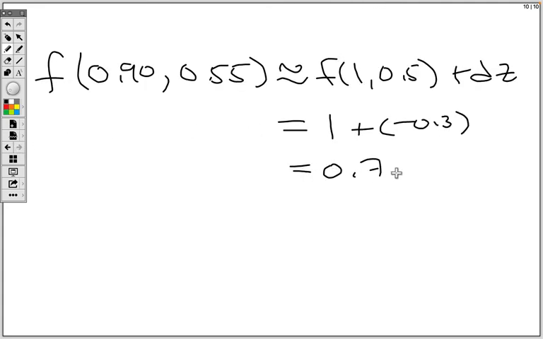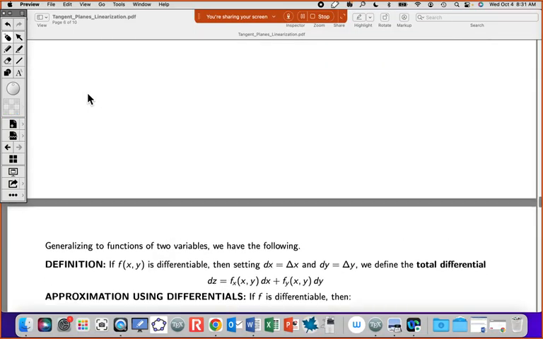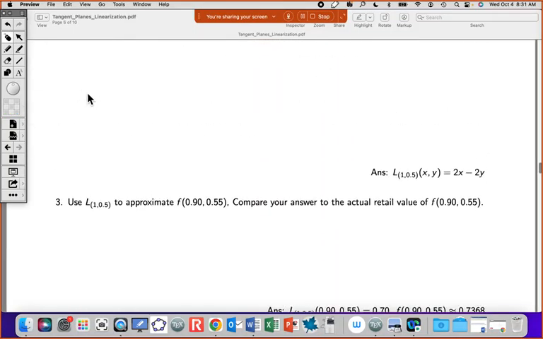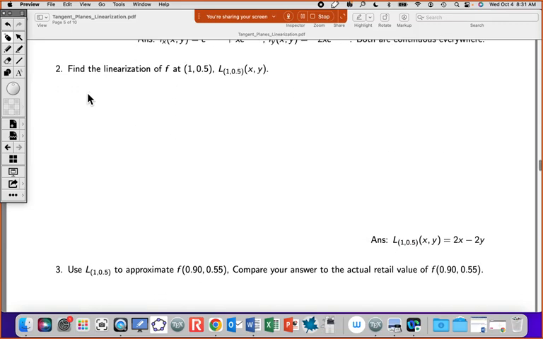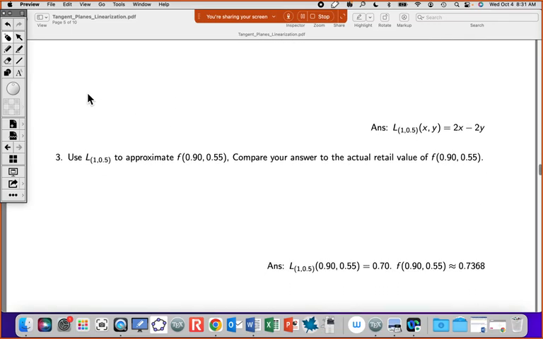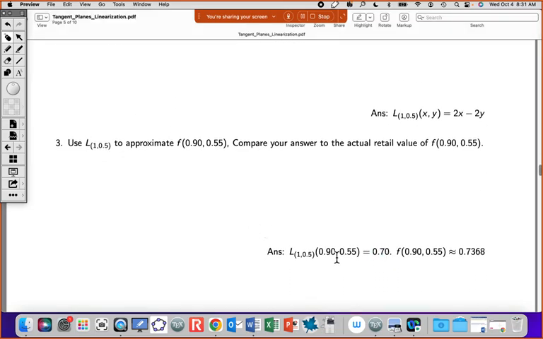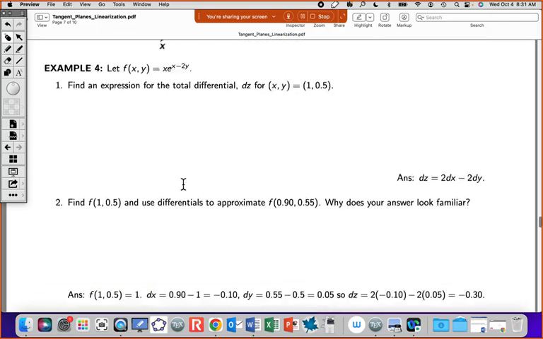And that's 0.7. Okay. Now, does that look familiar? Well, when we did the tangent line, or tangent plane rather, yesterday, to get the linearization, that's the exact same value we got at the linearization. You follow? And hopefully that makes sense.